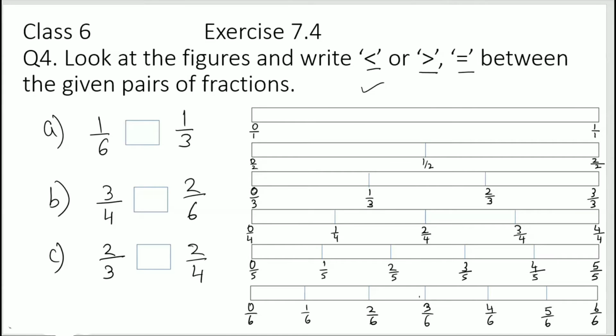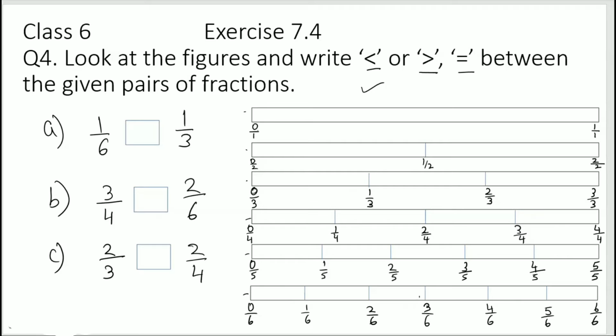Now we have here 1, 2, 3, 4, 5, 6 rectangular bars, and all these rectangular bars are of the same length. The first one is as a whole, that means here it's 0 by 1 and 1 by 1. It is not divided into any parts.